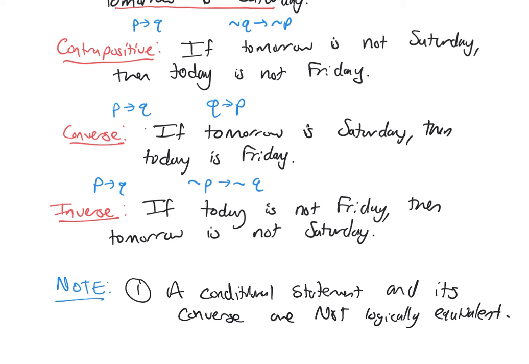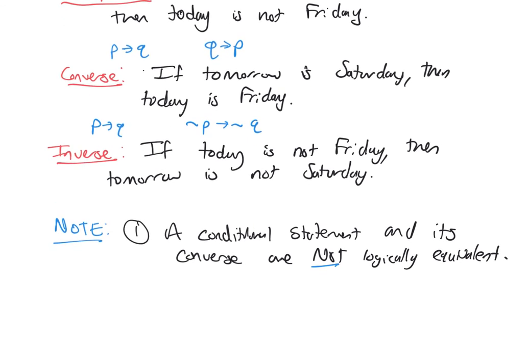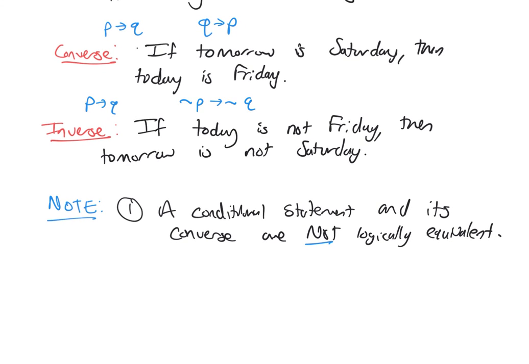So you could verify that if you want by doing a truth table and showing that the conditional statement, if P then Q, and its converse, if Q then P, they're not the same columns in the truth table.